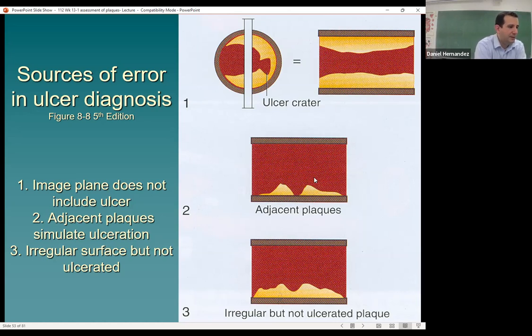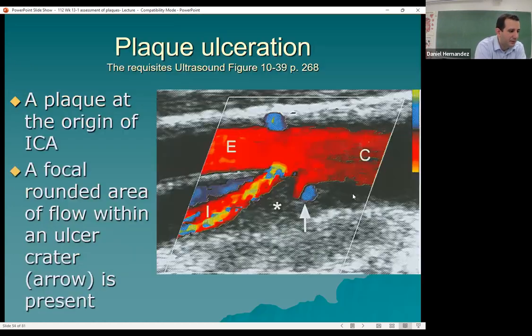Or adjacent plaques can potentially look like ulcerated plaques, but it's not. It's irregular.